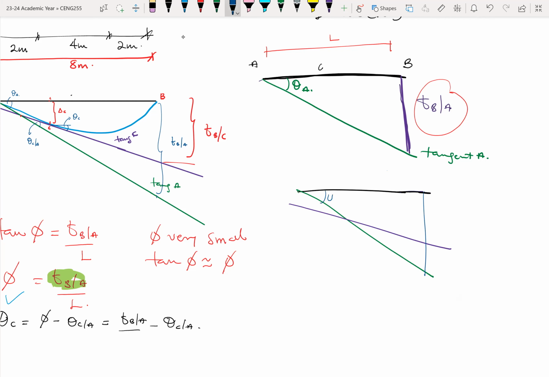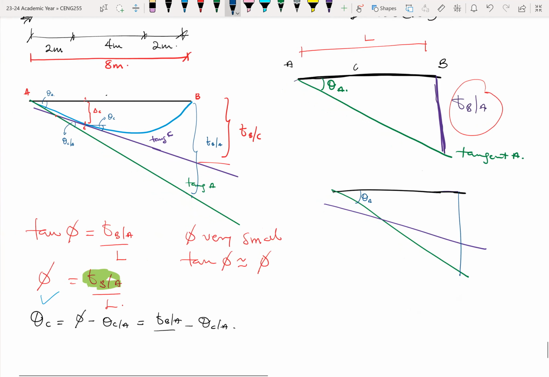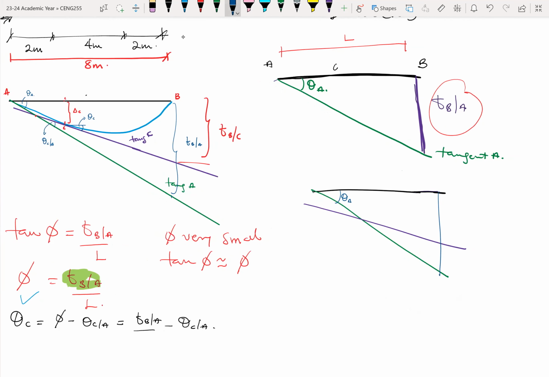I know this angle, theta A. Somewhere here, I know this angle too, which is theta C. All right. I also know this angle here to be theta C A. Okay. So clearly we can see that theta A is the same as theta C plus theta C A. Okay.